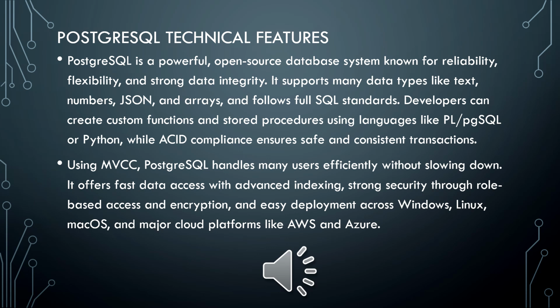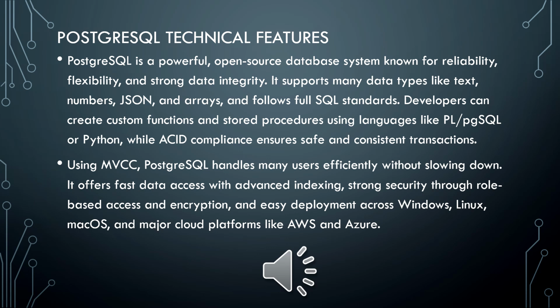In this slide, we'll be talking about PostgreSQL's technical features. The key strengths of PostgreSQL include reliability and flexibility. It supports many data types like text, numbers, JSON, and arrays.